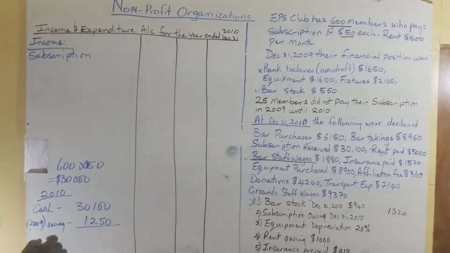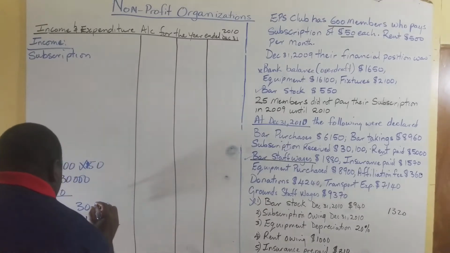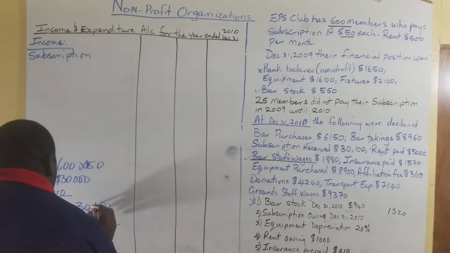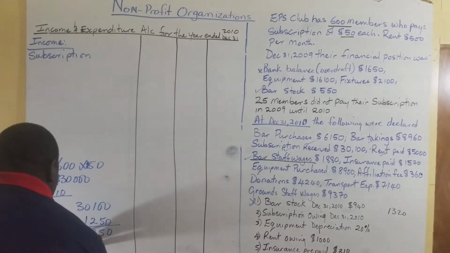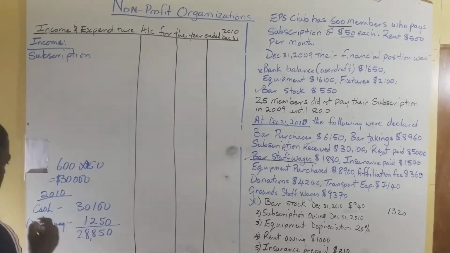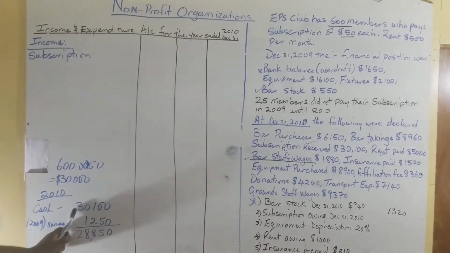Now, when we subtract, we're getting a 0. This is going to be 5. That's 0. That will be 8. And 9. So, of the amount of money received for subscription in 2010, a portion of this was monies that was owed from last year coming over.